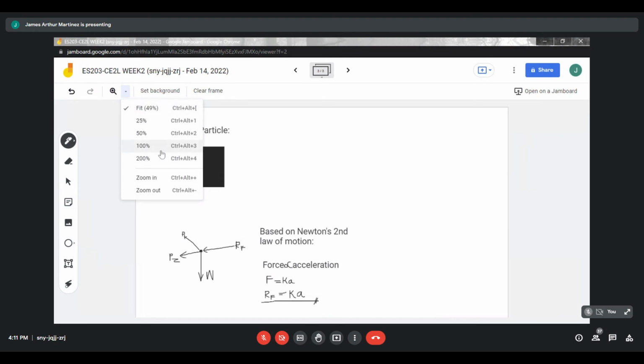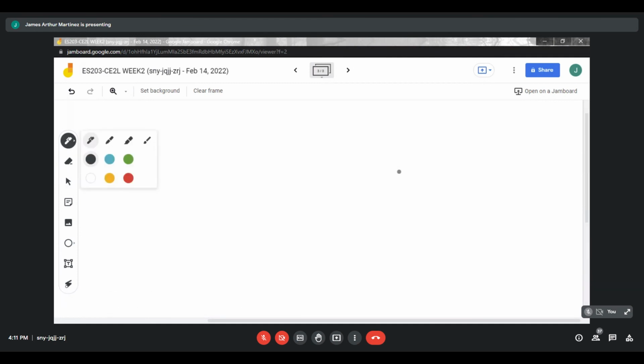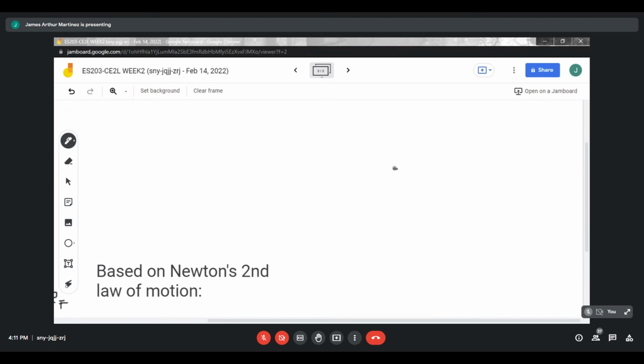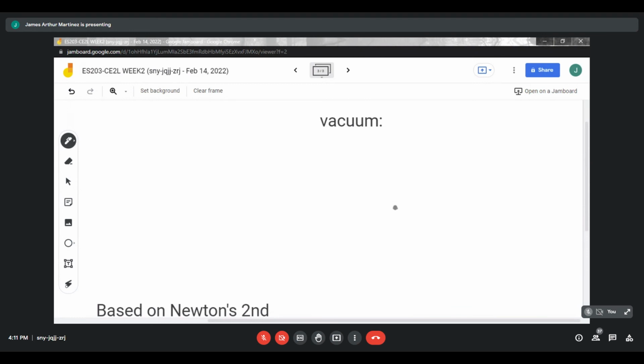Okay, let's say we have the same particle, but it is in a vacuum. So the only force acting on it is its weight, which is denoted as W. And there are no other factors or components acting on its force since it is in a vacuum space.